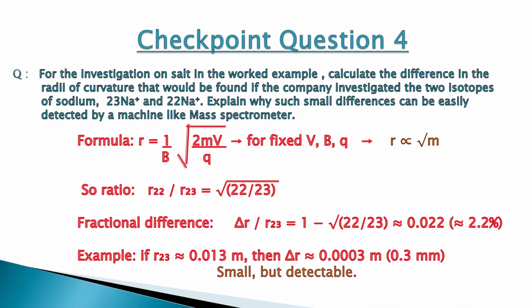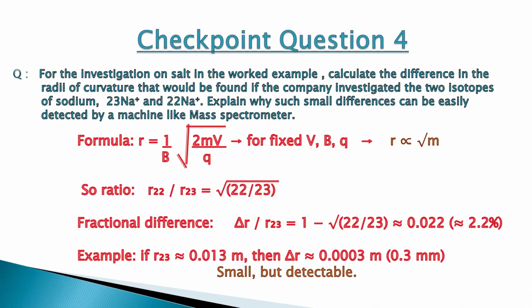In a spectrometer, the ions only hit the detector if their path radius matches the geometry exactly. If the radius is slightly different, even by a fraction of a millimeter, the ion beam misses the detector completely. That's why the instrument can separate and detect isotopes with tiny mass differences.